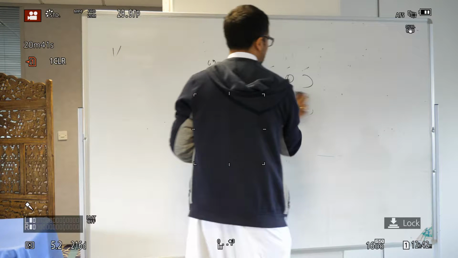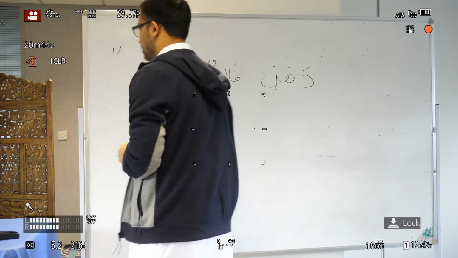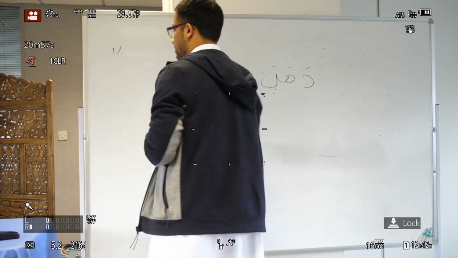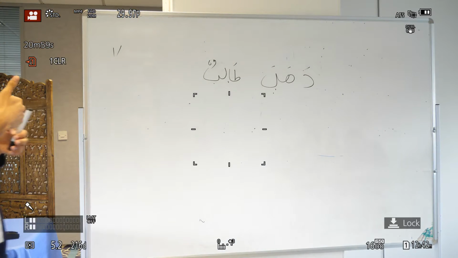Okay? Now if I say dhahaba talibun, jumla ismiya or jumla fi'liya? How do you change this into an ismiya? Put the ism first. Talibun, even though you wouldn't say like a talibun dhahaba, a student, he went.